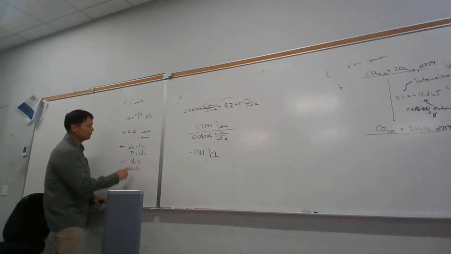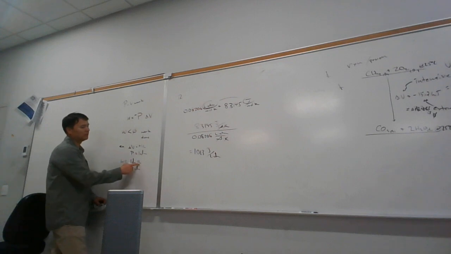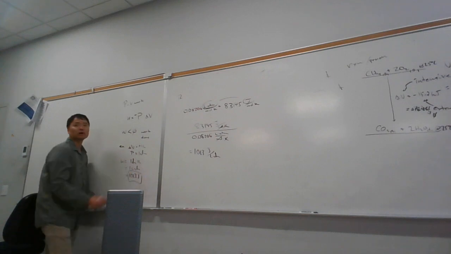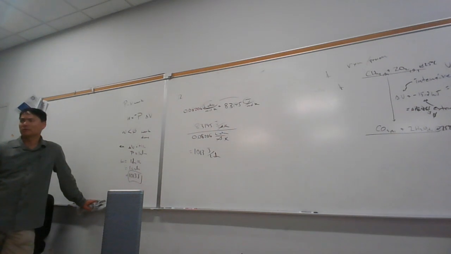And so to blow up a 1 liter balloon with an external pressure of 1 atmosphere is going to take 101.3 joules of work. So it takes about 100 joules to blow up a 1 liter balloon.